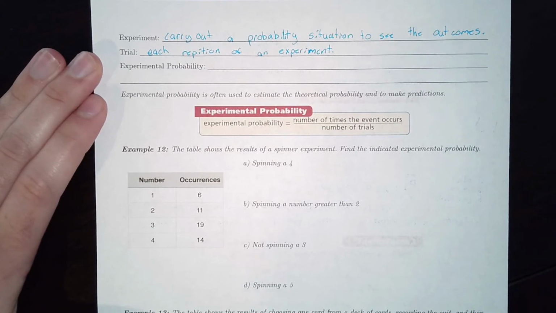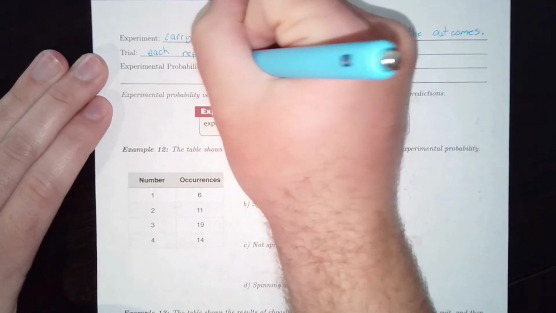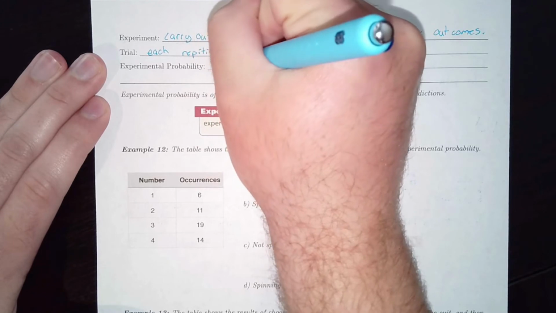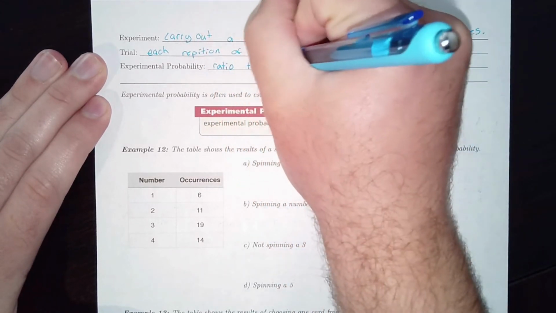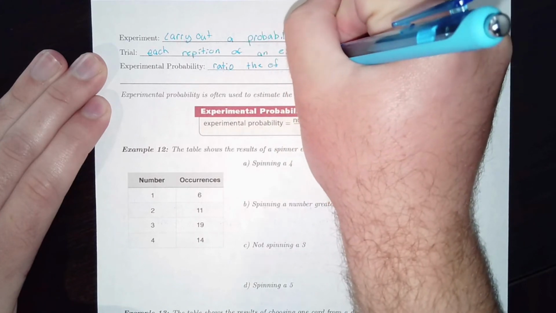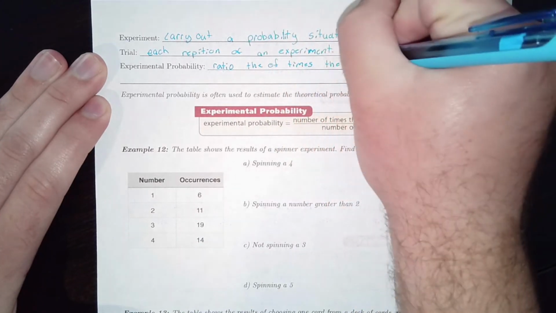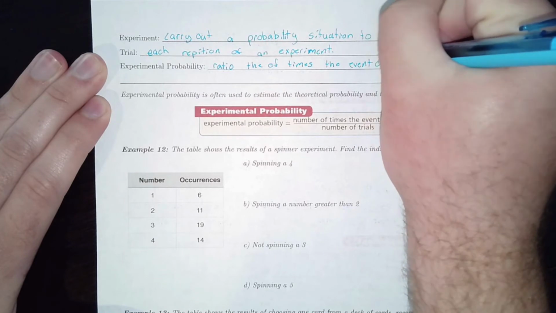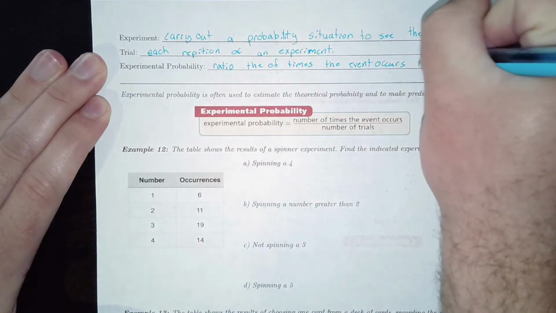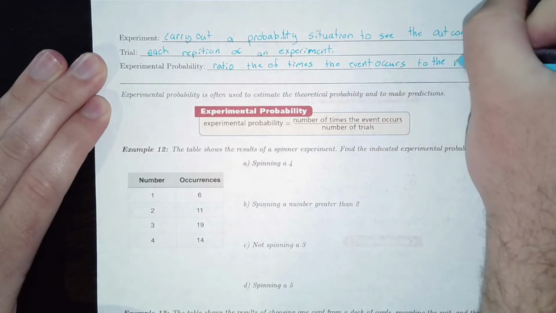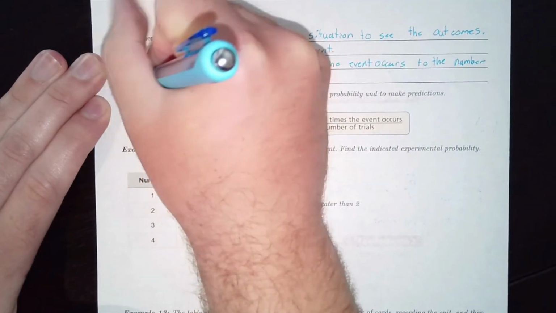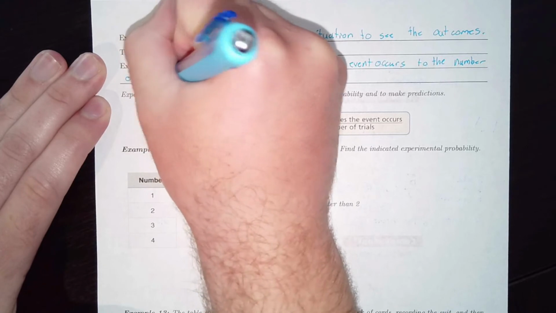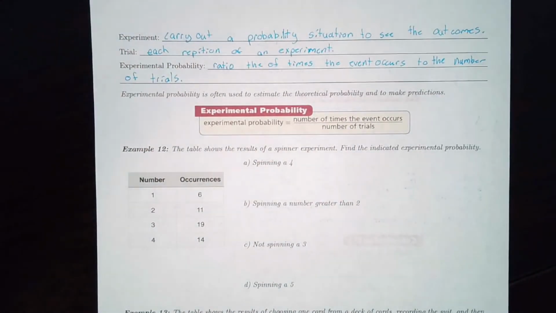The experimental probability then is still a probability, so it's still going to be a ratio, it's still dividing, but here it's the number of times the event occurs to the number of trials. So in other words, it's how many times it worked divided by how many times I tried it.